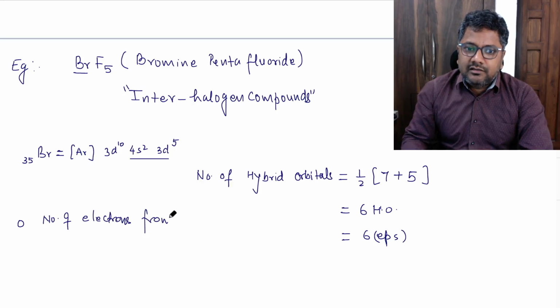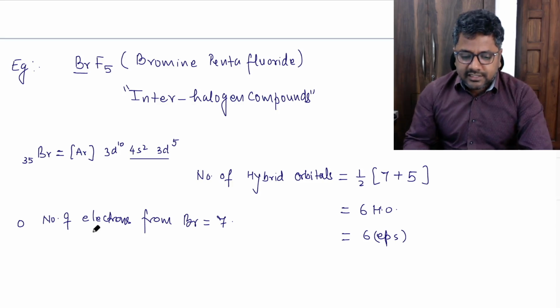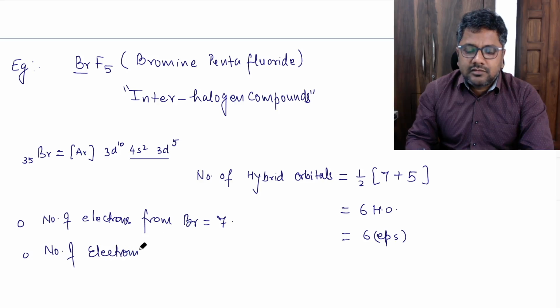Number of electrons from bromine is equal to 7, right? Number of electrons from 5 fluorine atoms is equal to 5, right?